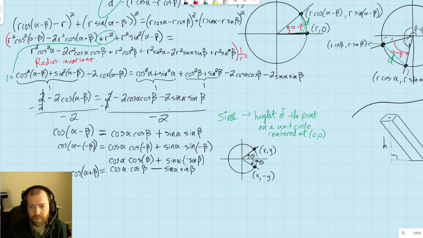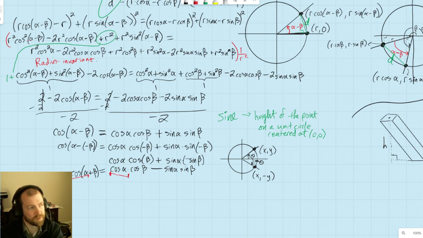Some of the ways that I help my students remember what this is, it doesn't always work, but you say when you have a cosine, first of all, no matter what function you're looking at, just what you see here as the first part is always going to be the first thing that you see on the inside of this particular function. Right, so the cosine of alpha is reflected right here as the first thing.